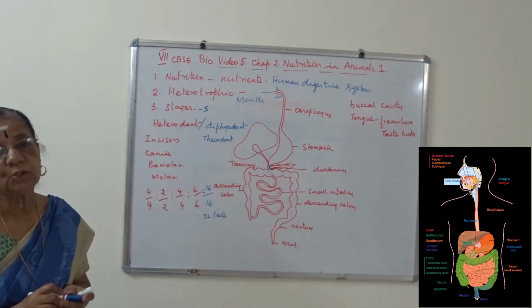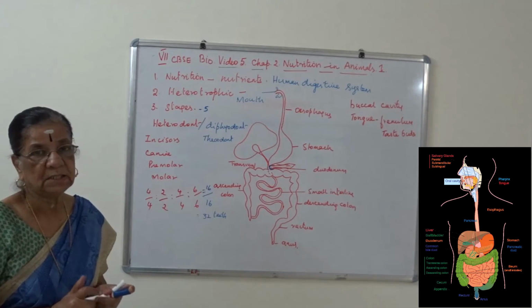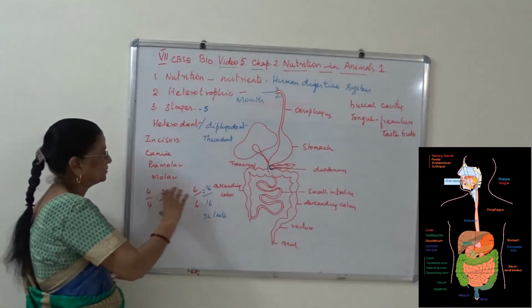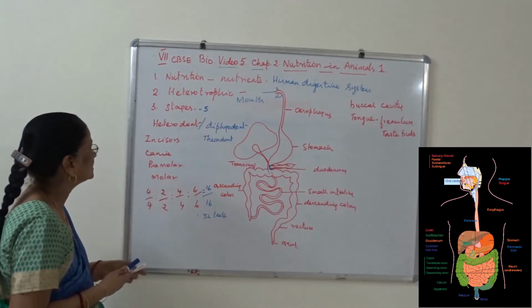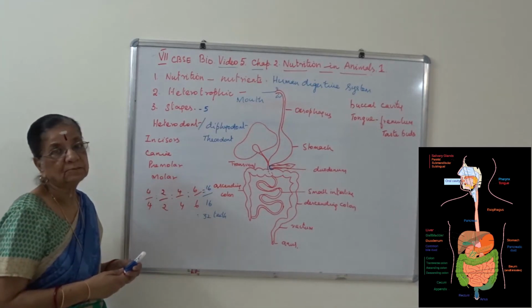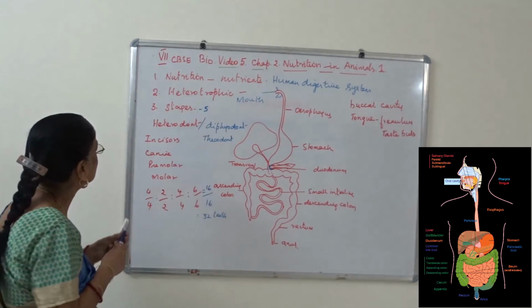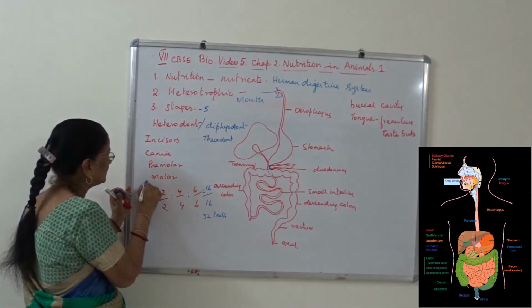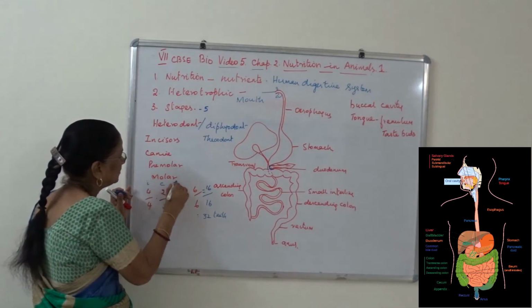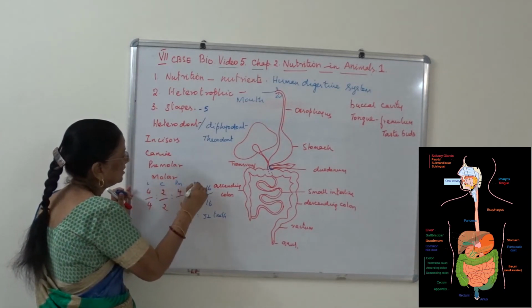That is heterodont condition. And this is known as dental formula. Dental formula, where we write incisors, canine, premolars and molars.